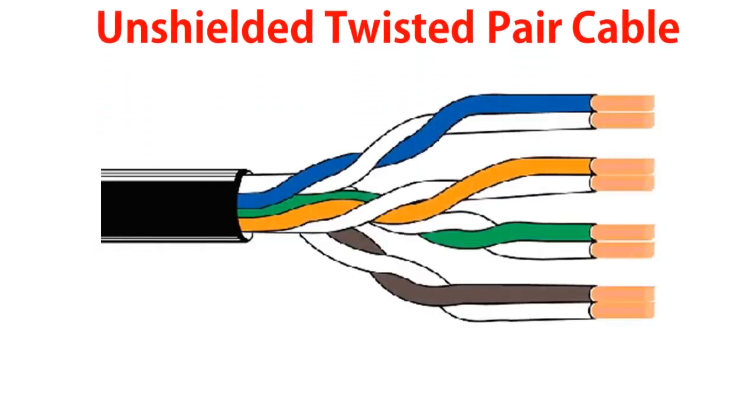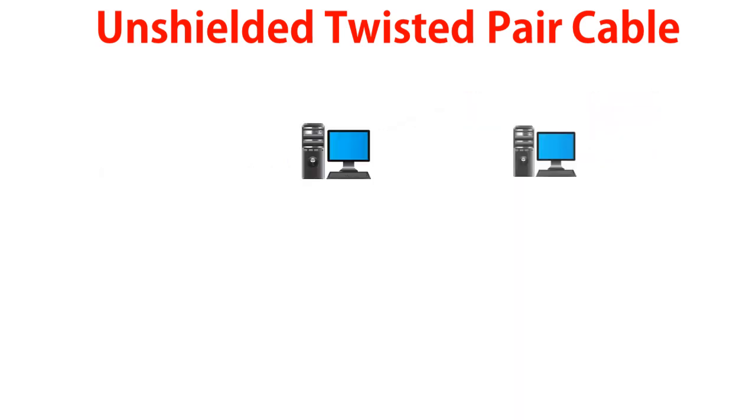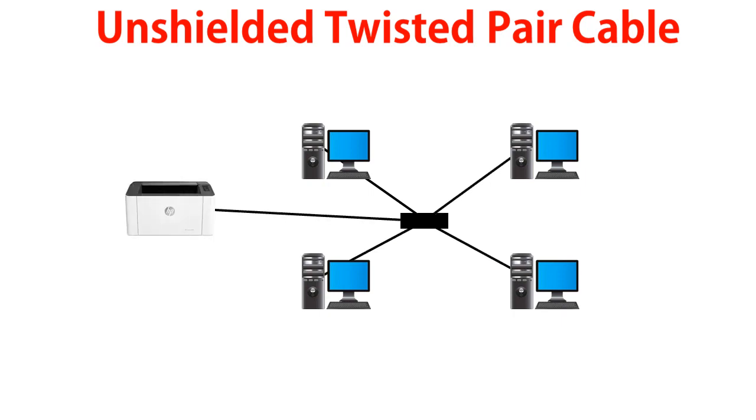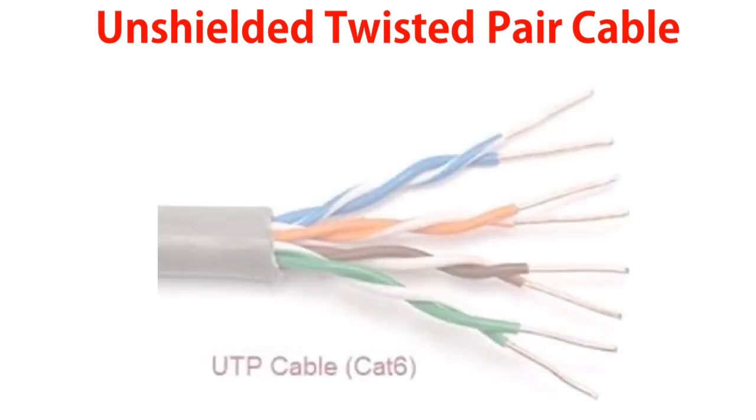Unshielded twisted pair cable. Now let us discuss the unshielded twisted pair cable, UTP. These cables are mostly used for LAN, that is local area network setups, with limited area coverage, having some computers, printers, and other devices connected together in order to share resources among them.